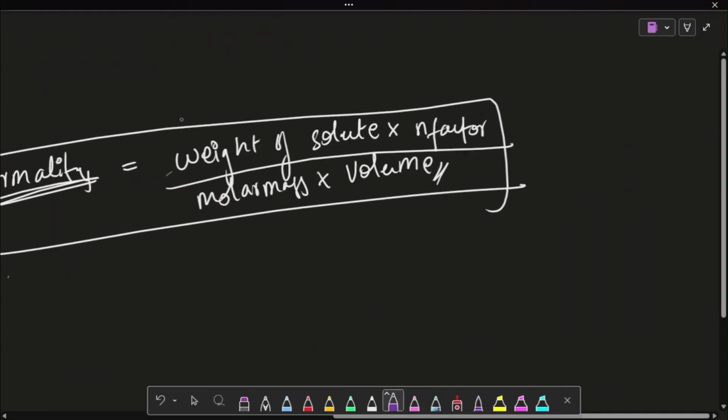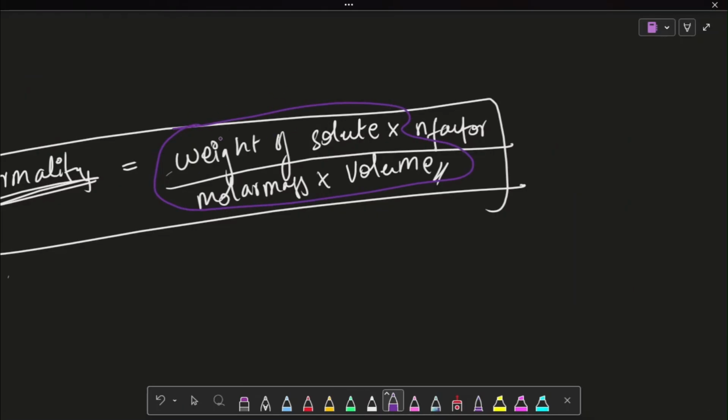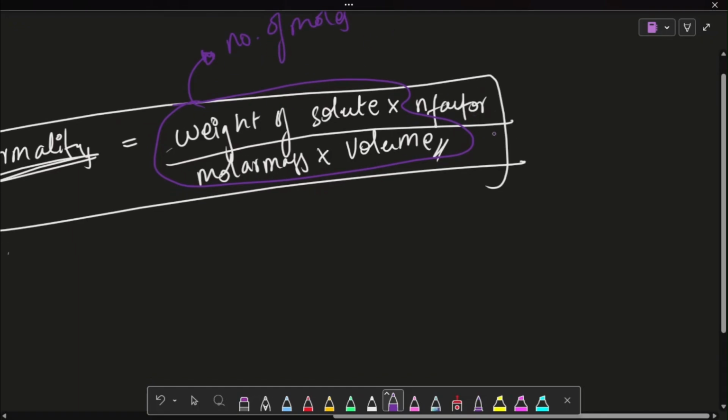And now we can group these. Weight of solute by molar mass, that would be nothing but number of moles, right? And this is n factor, we'll come to that.